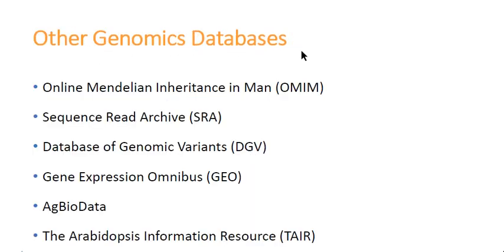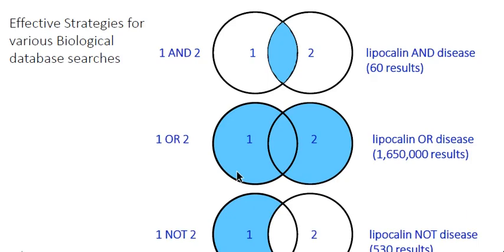The other genomic databases are Online Mendelian Inheritance in Man, OMIM. You get the information from these databases regarding a particular gene. Sequence Read Archive, SRA, database of genomic variants, Gene Expression Omnibus, and other biodata information resources.